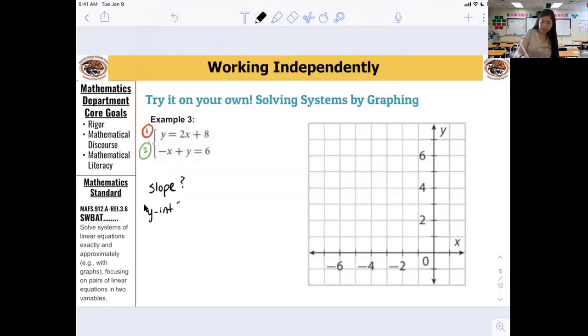And then from there, we'll graph it together. I'm going to give you about 2 or 3 minutes because this one is a little bit easier, and you'll see why in just a second. But go ahead and find the slope and the y-intercept for both.